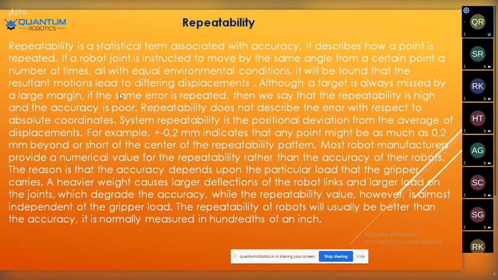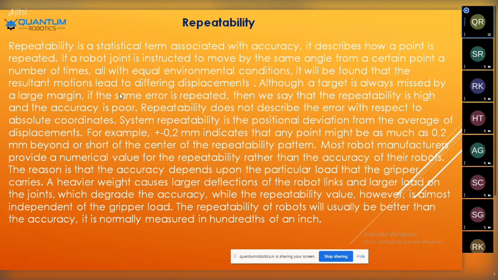In the resolution we measure the accuracy, and in the repeatability we measure the accuracy only. That's why it is associated with the repeatability. Sorry, the repeatability is associated with the accuracy, and it describes how a point is repeated.